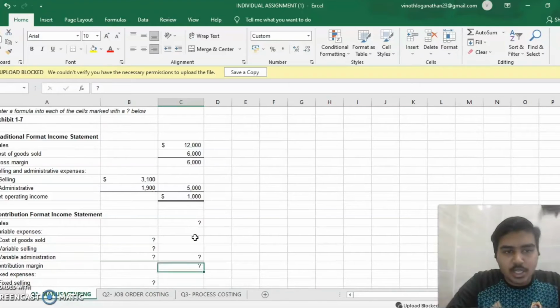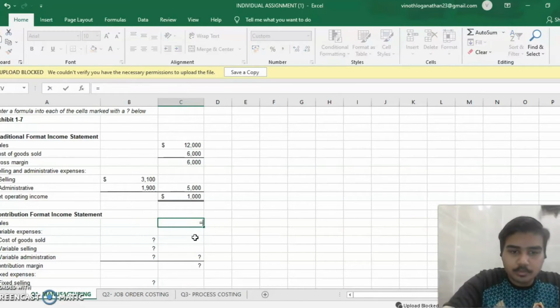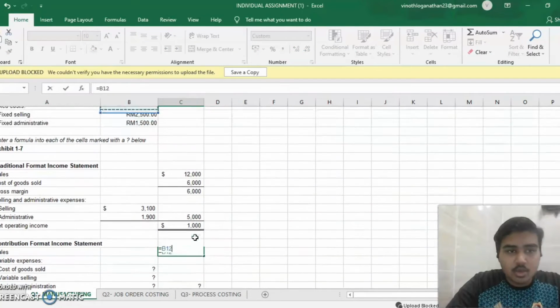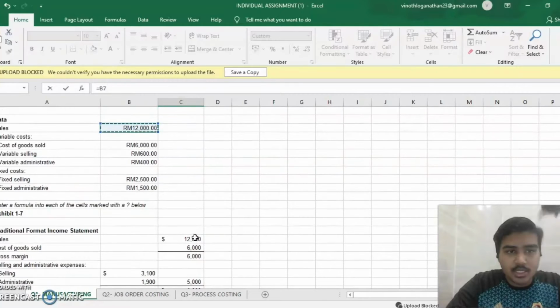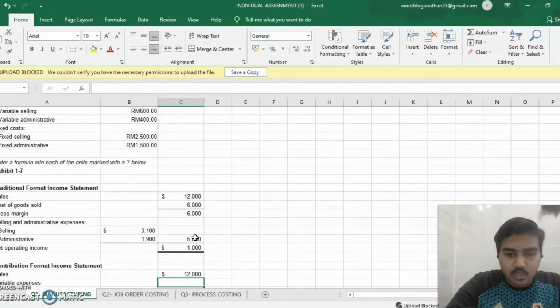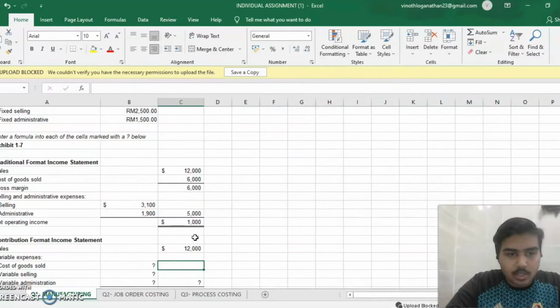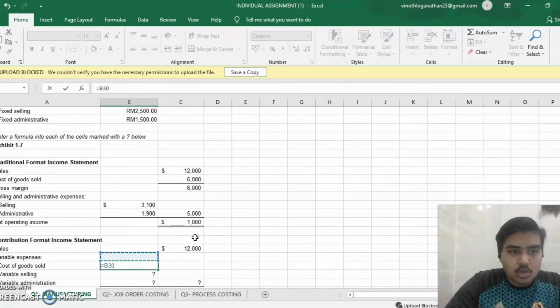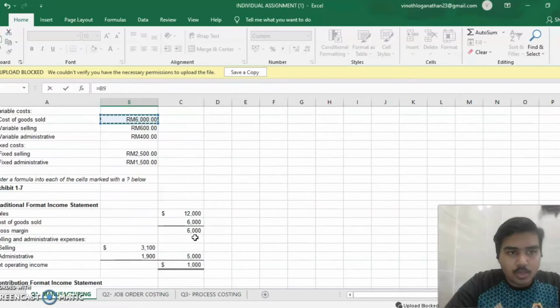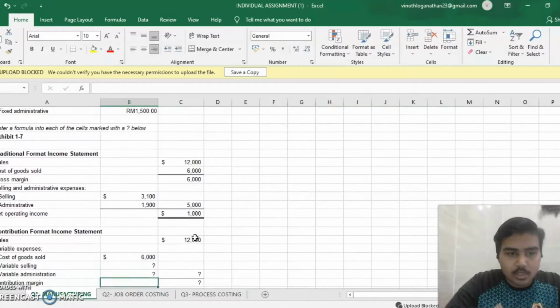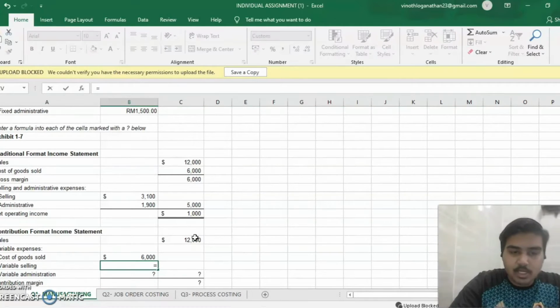So traditional and the contribution format should be the same. The net operating income should be the same. So as we did earlier, sales is still this 12,000, and then we go for cost of goods sold, which is also up here, 6,000, and then we have variable selling.